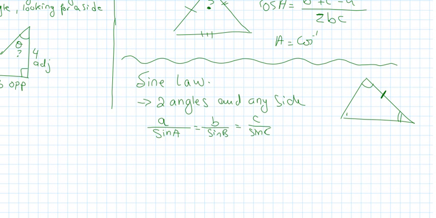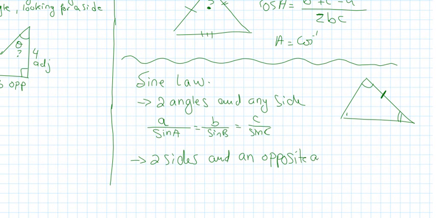The other condition for you to be able to use sine law: if you have two sides, then you must have an opposite angle. Okay? So you see how that word opposite angle is very important for the sine law in this case.